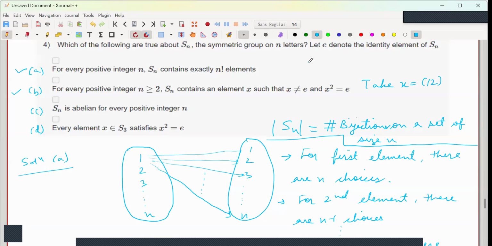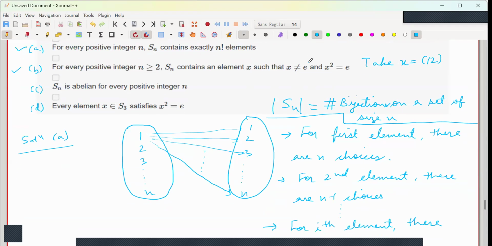So any permutation of order 2, and such a permutation always exists for any n greater than or equal to 2 in Sn. That's why for any Sn, there is an element of order 2.